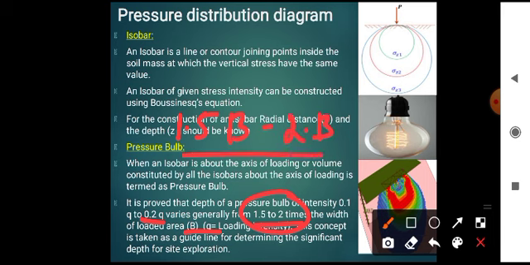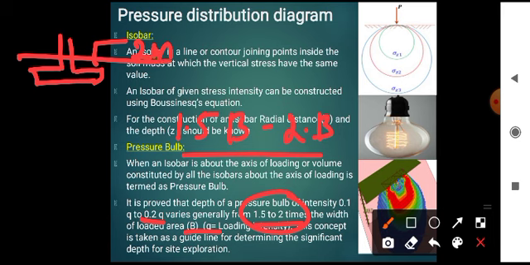For example, if you have a footing of 2 meter width, its influence is going to be at a depth of nearly 1.5 to 2 times this. Say we take 1.5, so 3 meter.